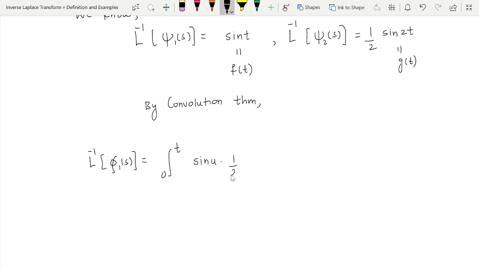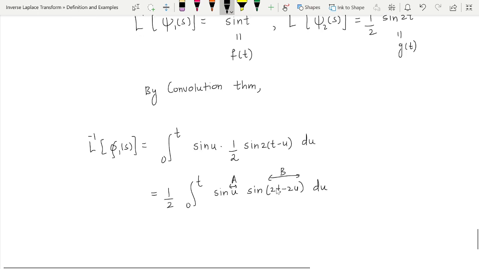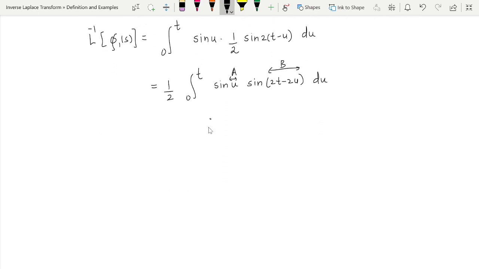So g of t minus u will be half sine of twice t minus u, and outside it is du. So this half can be taken out, integration 0 to t sine u, and this will be sine of 2t minus 2u du. So we'll call one as a and this argument as b, and we can use the formula of sin a sin b, and the rest of the calculations you can do.